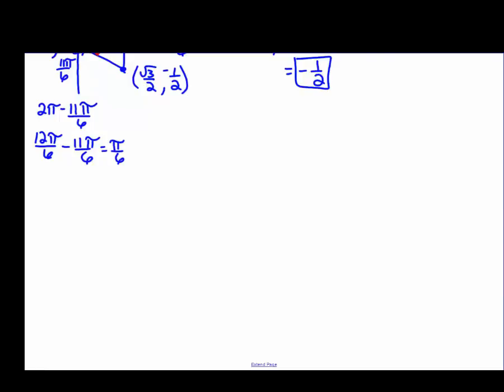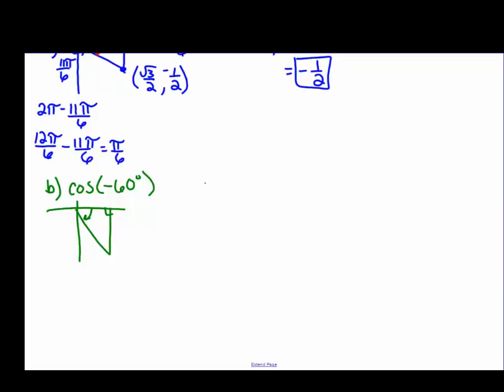All right, let's take a look at the cosine of negative 60. So we can look and see what quadrant we're in. We're going to be in quadrant 4 because our rotation is going clockwise. And so our reference angle is 60 degrees.